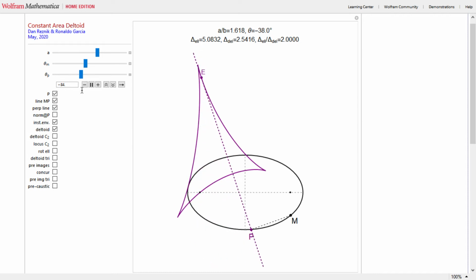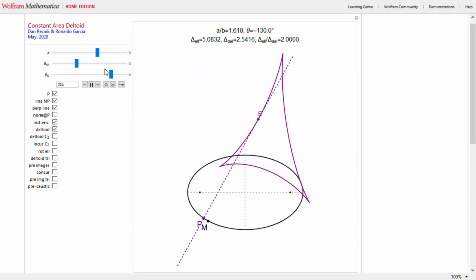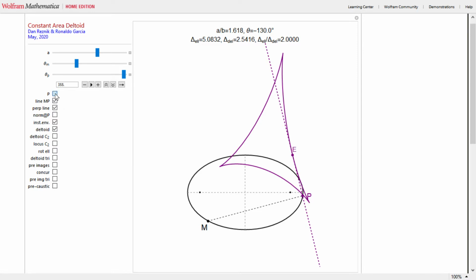If I place M somewhere else, I'm going to be sweeping a different envelope. This particular envelope does not have a natural axis of symmetry, somewhat asymmetric. Now the first thing that you realize here is that if I vary M and place M anywhere on the ellipse, so let's forget for a while about the construction aids, including the instantaneous envelope.